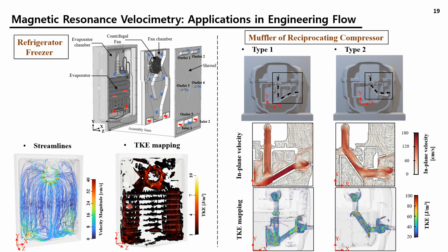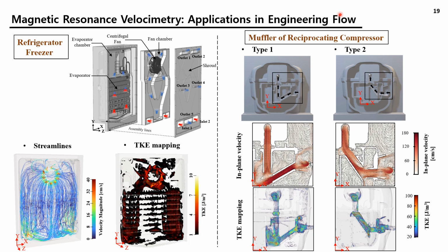While these two components enable the maintenance of low temperature in the freezer, they are primary sources of heat and noise generation. Therefore, by applying MRV to the refrigerator freezer, we can understand the flow characteristics inside the freezer, which could lead to a more energy efficient and low noise design.